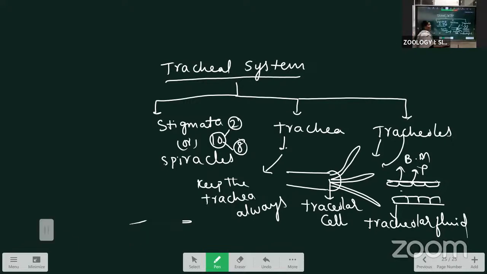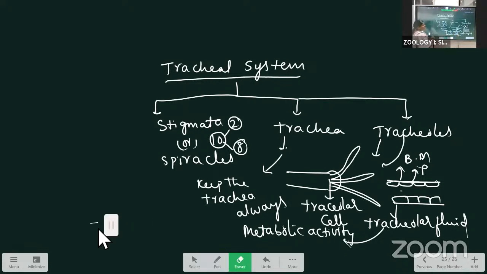The amount of tracheolar fluid depends upon the metabolic activity. If the metabolic activity is more, during the active time, the tracheolar fluid is totally absorbed.